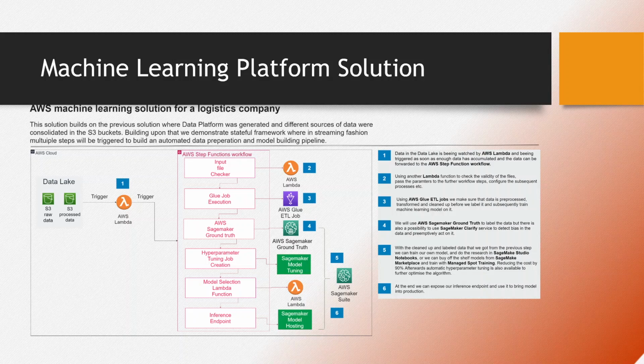Also, as part of that, we can not only develop something on our own, but there's the SageMaker marketplace where we can buy off-the-shelf algorithms. And also, when we are done with model selection, we can use hyperparameter tuning to get a more superior algorithm, meaning more superior weights that are going to perform better later on.